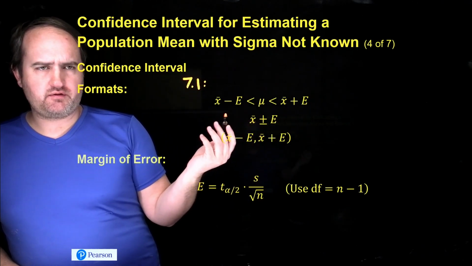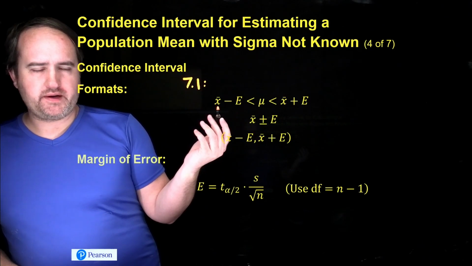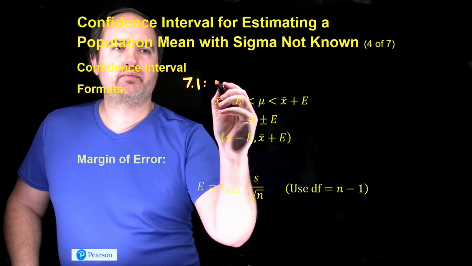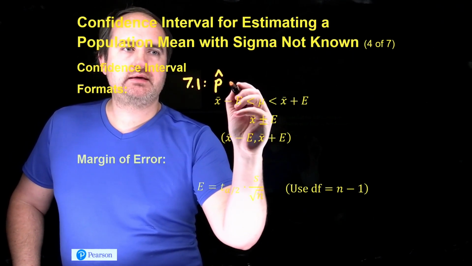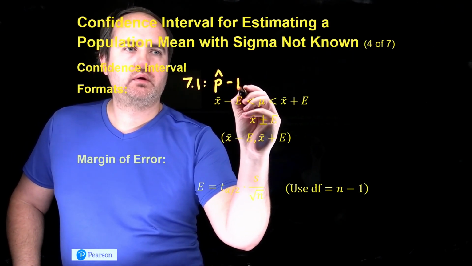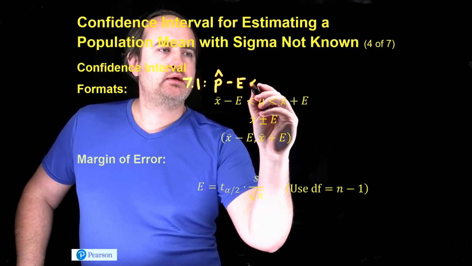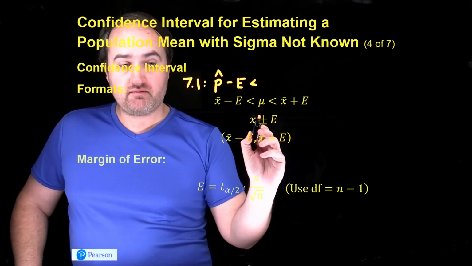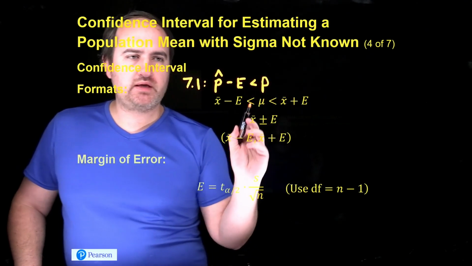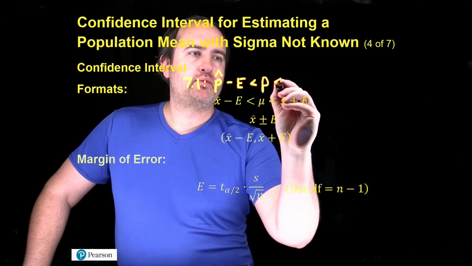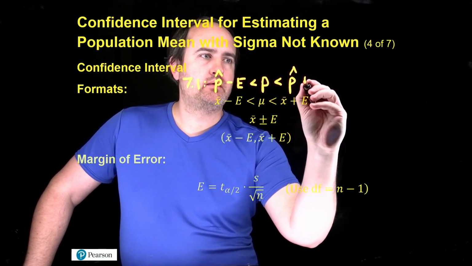It's just instead of x bar as our point estimate, we had p hat. So it was p hat minus e, less than, instead of mu, we were estimating p, so p went in the middle. And then on the right side, we had p hat plus e.